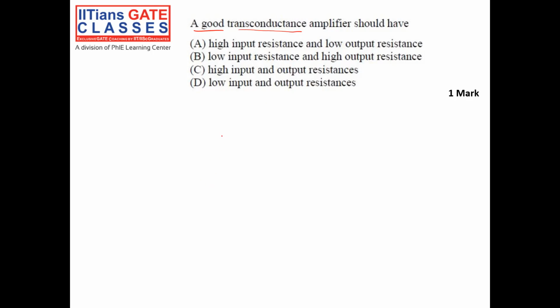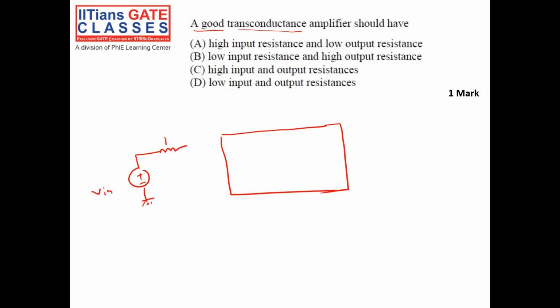So what it does, whenever there is an input V in, there will be some source resistance of the source Rs, then it is taken by my Rin, which is my amplifier input resistance.